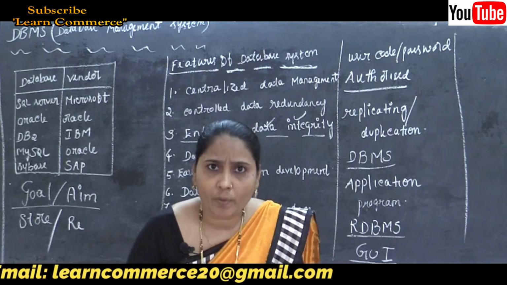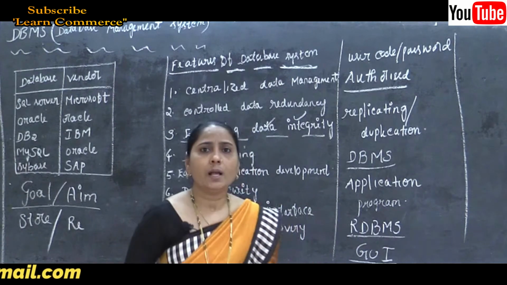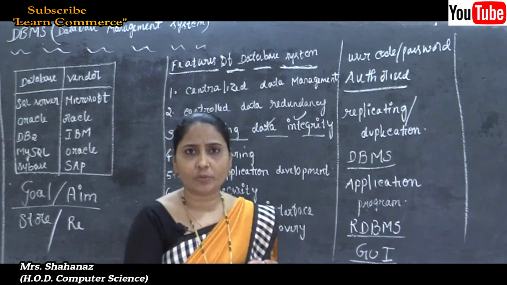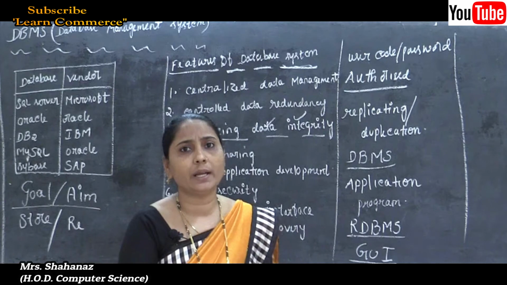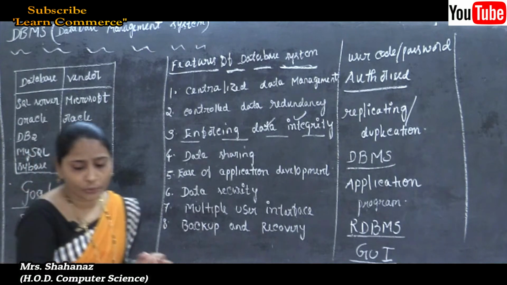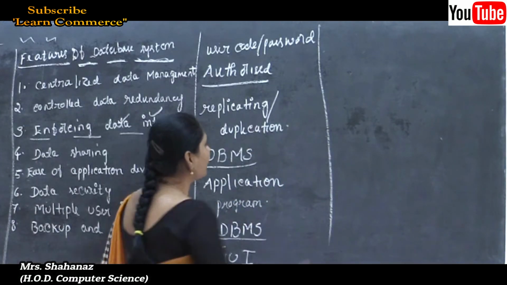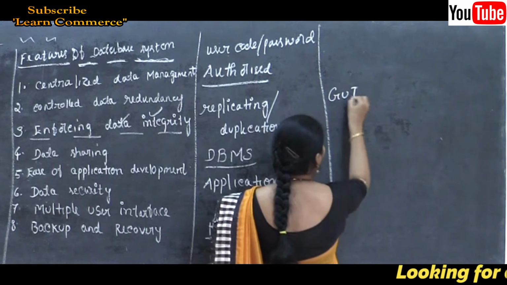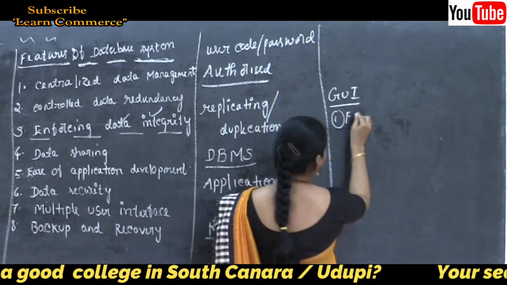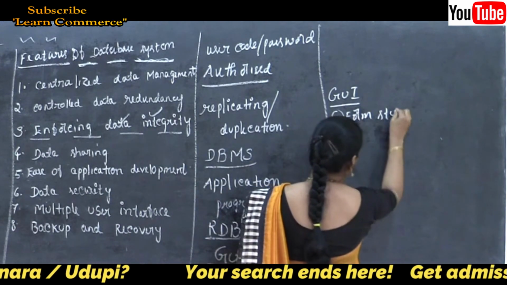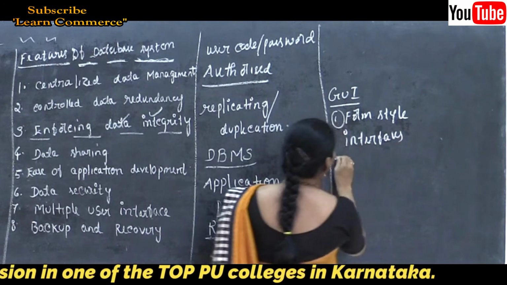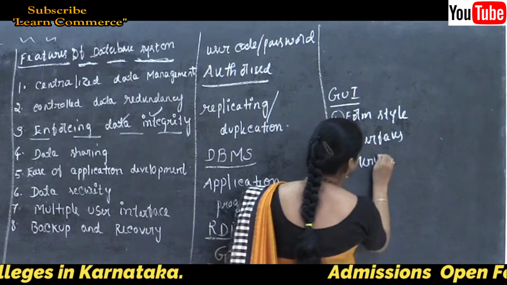So the DBMS provides interfaces such as query language interfaces, application program interfaces, and graphical user interfaces. In our graphical user interfaces, there are two types. The first is our form style interfaces, and the second is our menu driven interfaces.